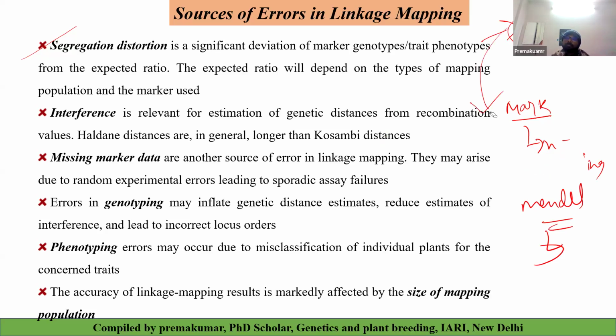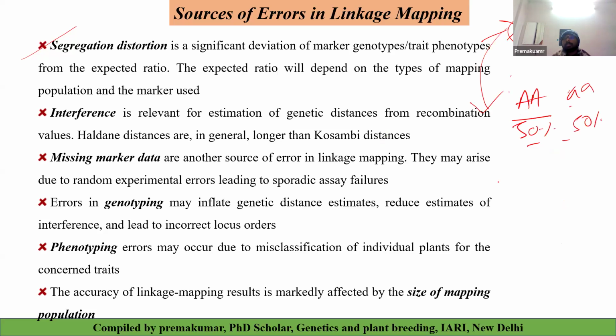For example, male and female gametes A and a should be 50% and 50%. But due to some lethality, you will not get one of these gametes; only A is possible. This is one type of segregation distortion, and there are several types.